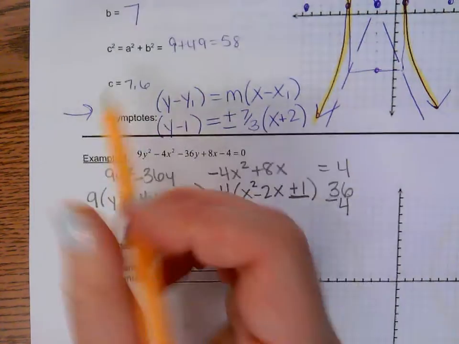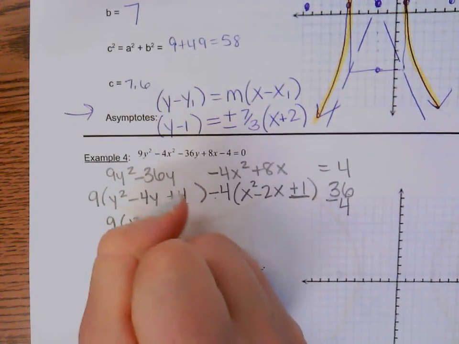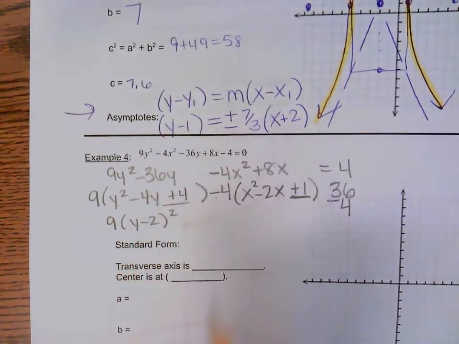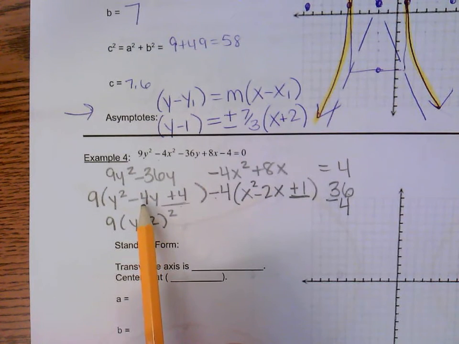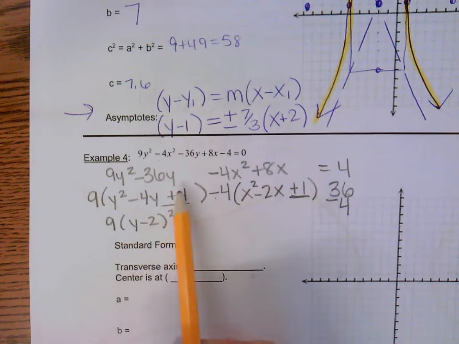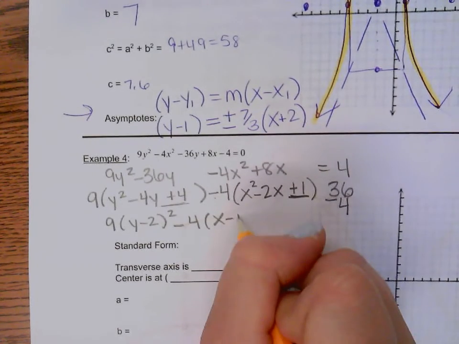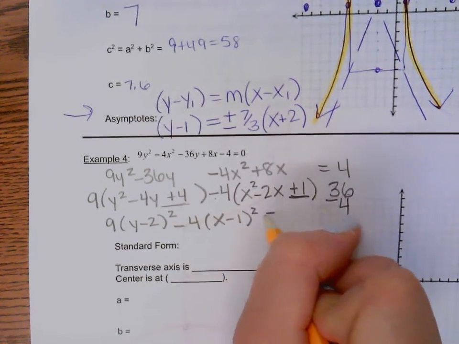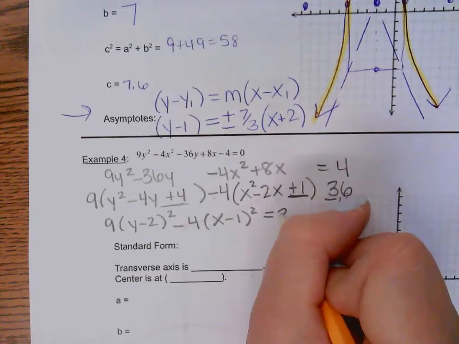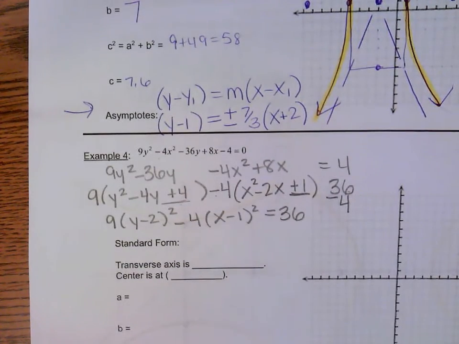So this would be 9 times y minus 2 squared, because half of -4 is -2, and -2 squared is that +4. So minus 4. This is just going to be x minus 1 squared. What do I have on the right-hand side? +36.